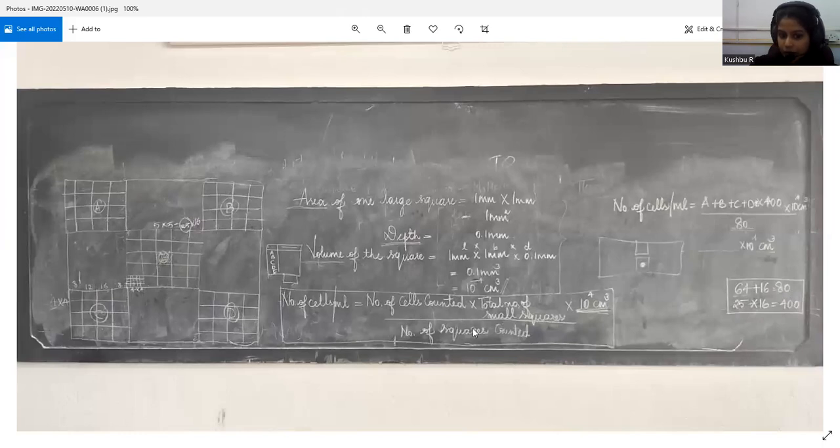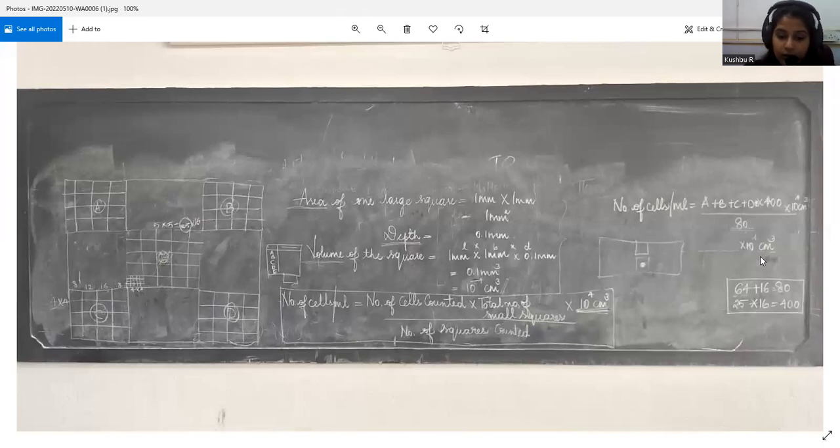That is the total number of squares counted. When we write the total number of cells, for example 600 or 500 or 90, into 400 divided by 80, the volume remains the same, so that we express the final answer in centimeter cube.